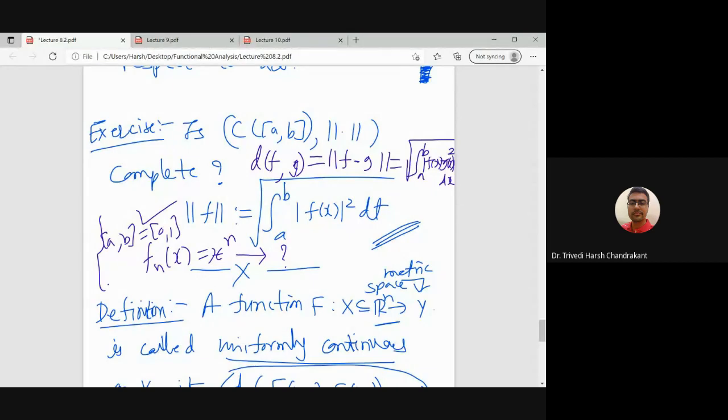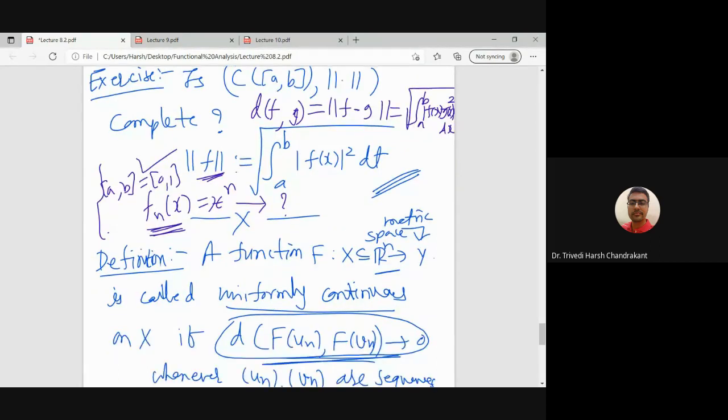So try this exercise by considering the closed interval [0, 1] and the functions x to the power n. The first question is whether this sequence is Cauchy, and the second question is, if it is Cauchy, whether it is convergent or not with respect to this norm. So check and tell me in the next lecture what the answer is.